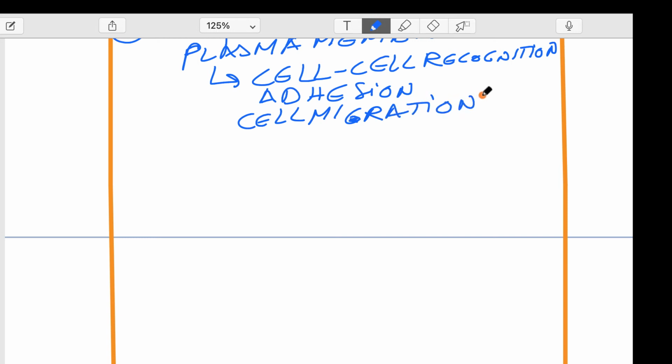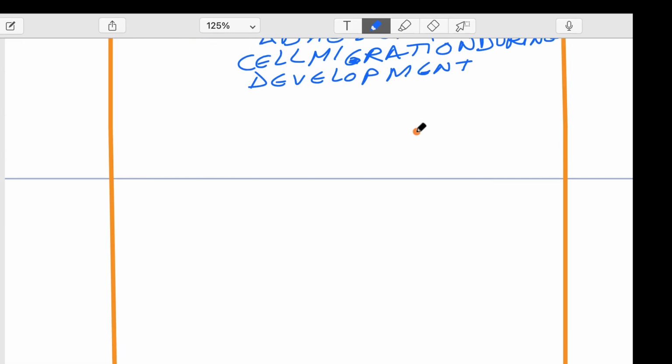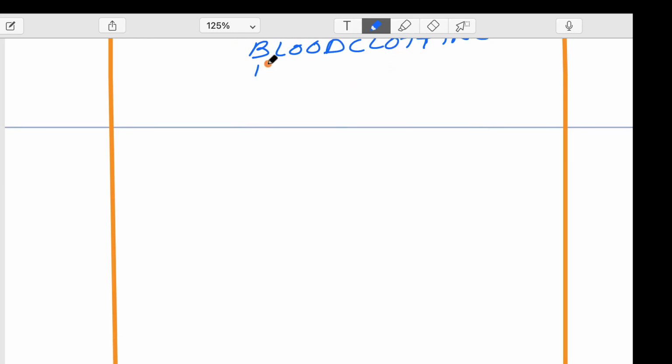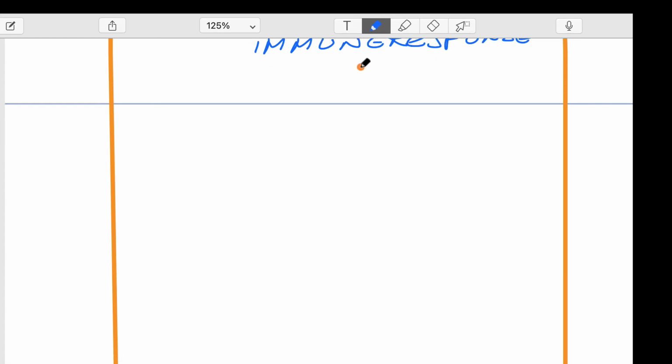Cell migration during development. That is another important aspect. Then also the blood clotting process, then the immune response, then wound healing.